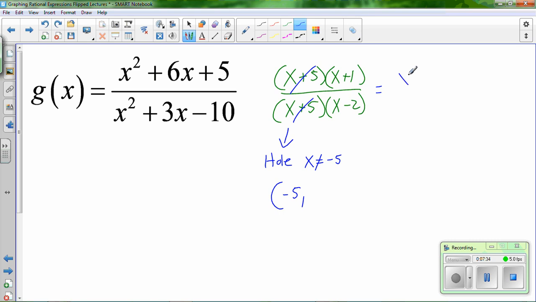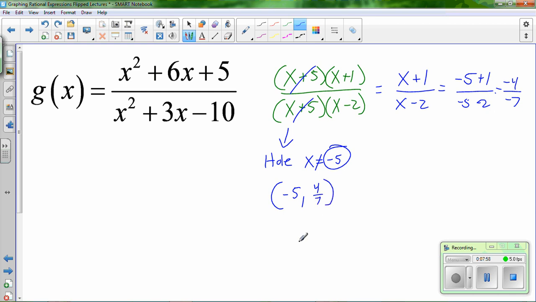So what's left is x plus 1 over x minus 2. If we then substitute negative 5, that's negative 5 plus 1, and negative 5 minus 2, which is going to give you negative 4 over negative 7. The negatives will cross out, and we end up with 4 sevenths as the y value of the hole.